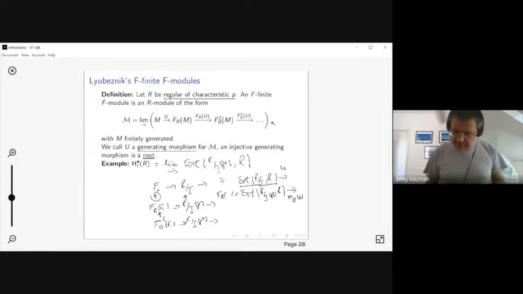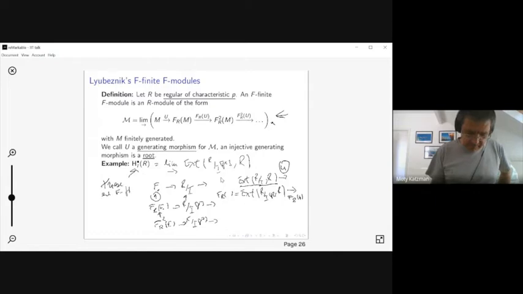And then the next step you get by taking this map and applying Frobenius to it, getting to the second Frobenius functor applied to the Ext, and so on, and you end up with something of this form. So these are finite F-modules.